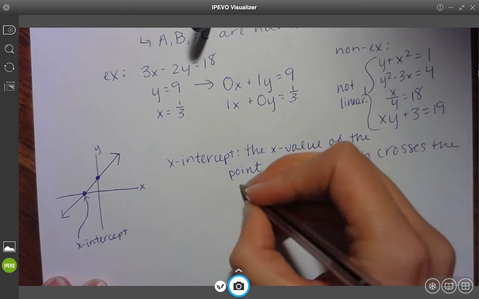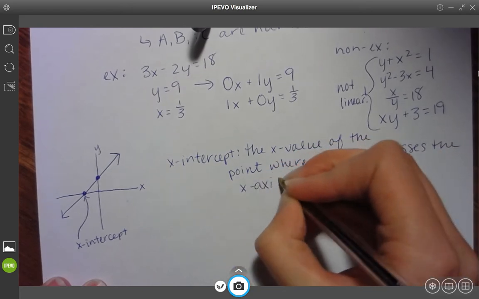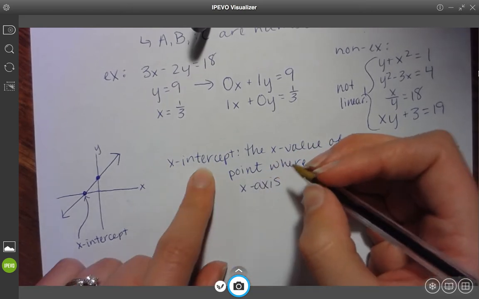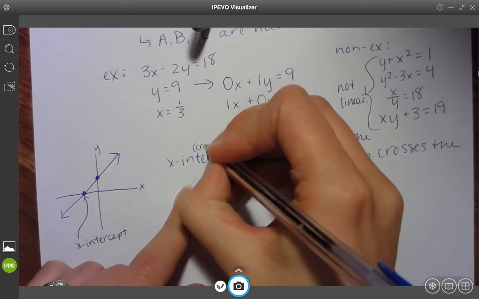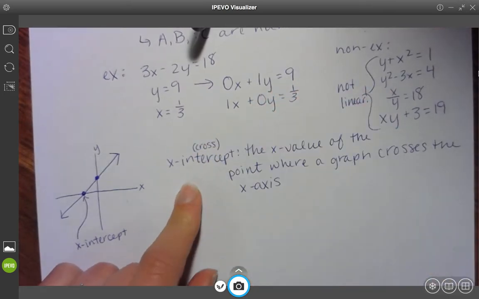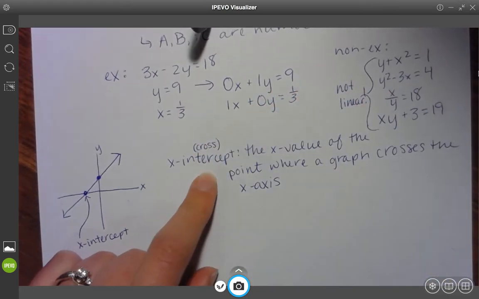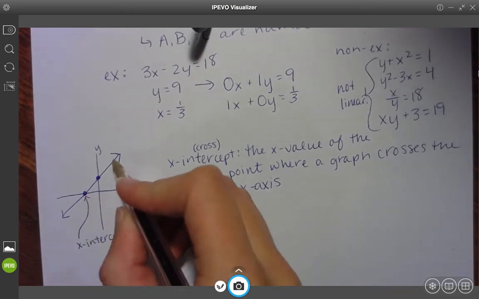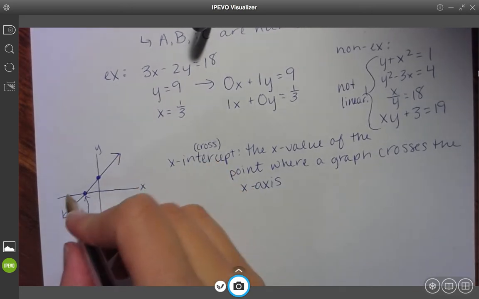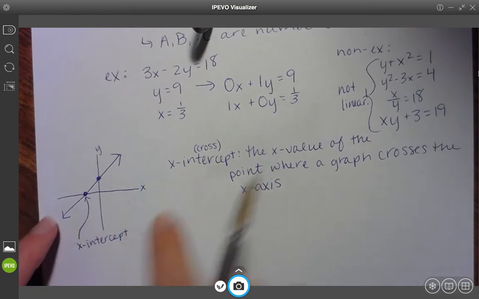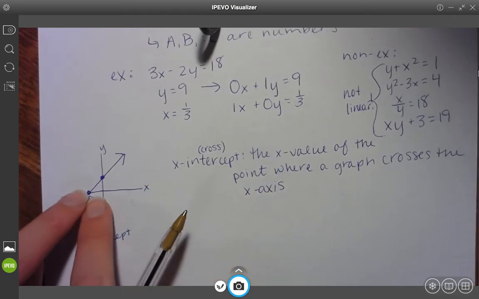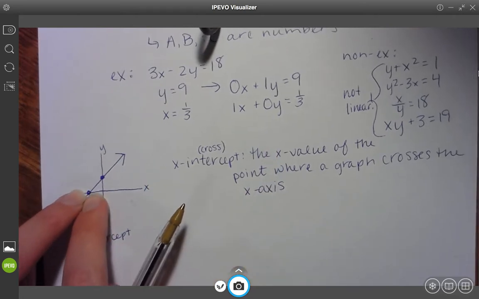Intercept means cross, or intersect. So the x-intercept is where my graph crosses my x-axis. If I follow these together, they come together at that point.